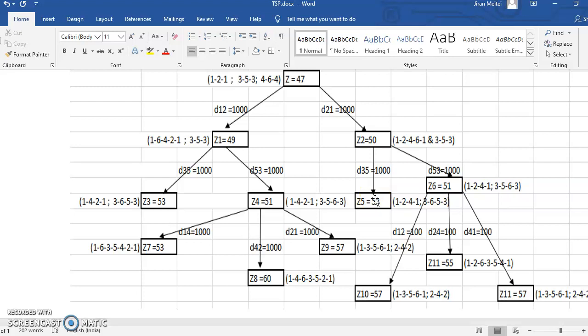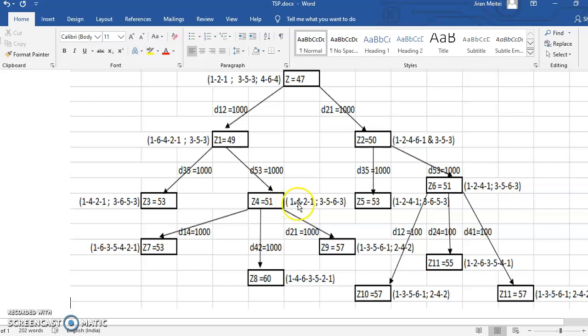Now what I do next is I use this one because of 53 and 51. So 51 is the lesser value. Either you can select this or this for further branching. I've selected this one for further branching now. Both the subtours have 3 connections. You can select either of the two for further branching.